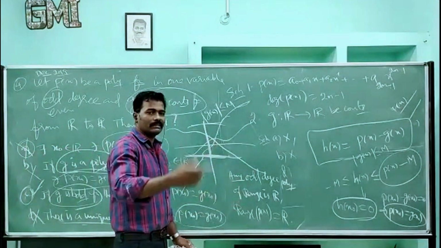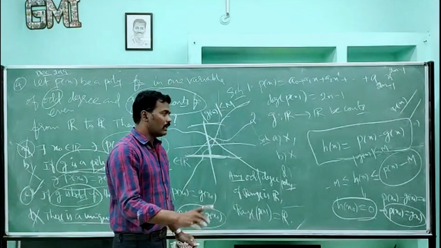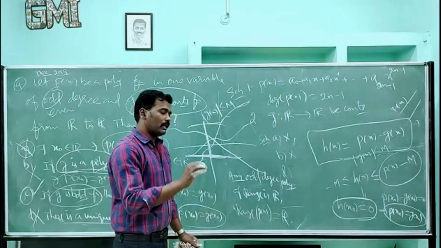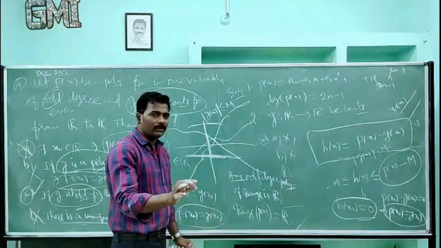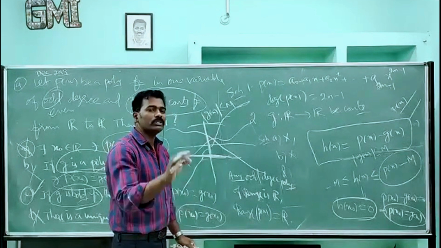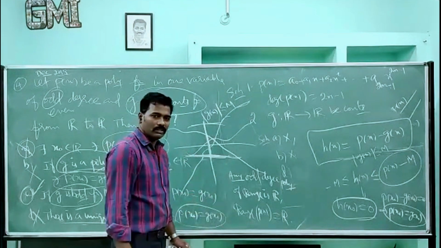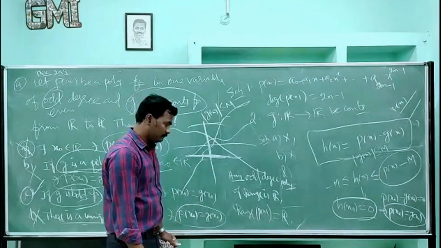I am not using this proof anywhere. We are using only that an odd degree polynomial is an onto function. Through onto, I proved something. That's all. Is it okay, madam?